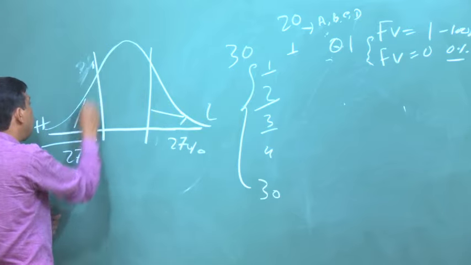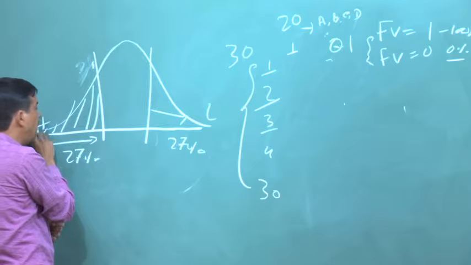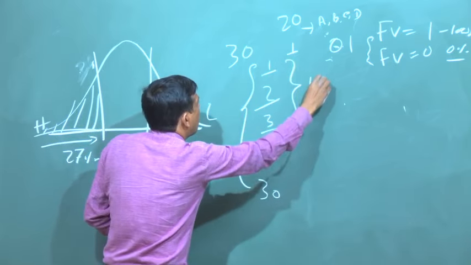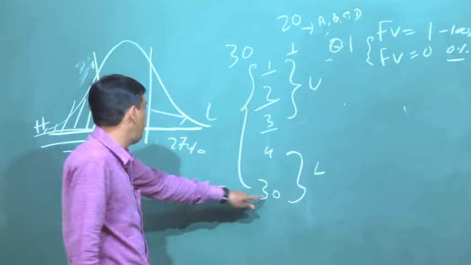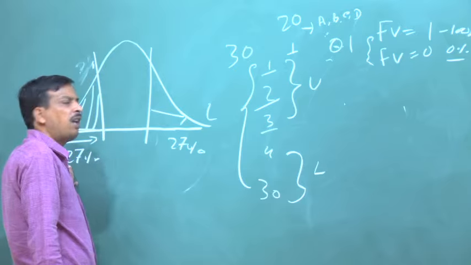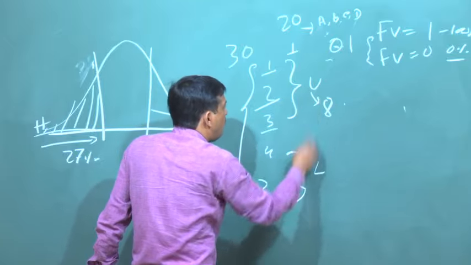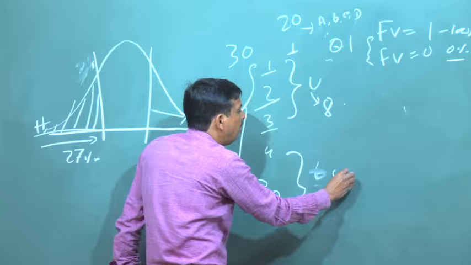So, 27% of the high rank students make the upper group, and 27% of the lower rank students make the lower group. So, 27% of 30 students is roughly 8 students. So, the top 8 students make the upper group, and the bottom 8 students make the lower group.